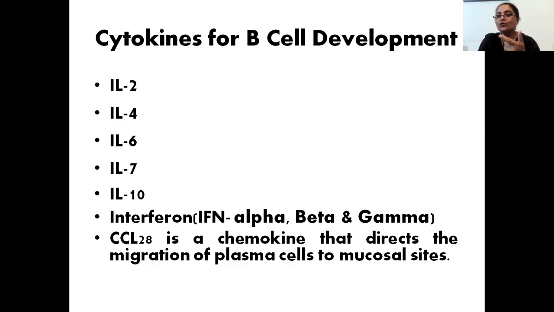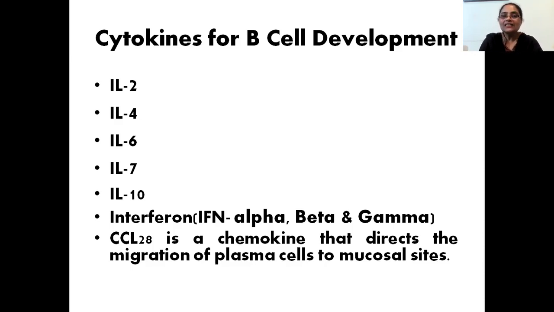Later on, we came to know that cell-to-cell talk happens through cytokines also. So interleukins are the ones when there is talk between two leukocytes, and these 2, 4, 6, 7, and 10 play important roles. Interferons alpha, beta, gamma also play an important role in B cell maturation, differentiation and proliferation.